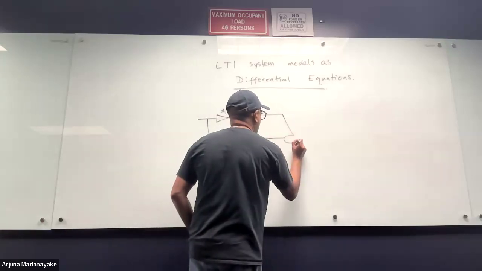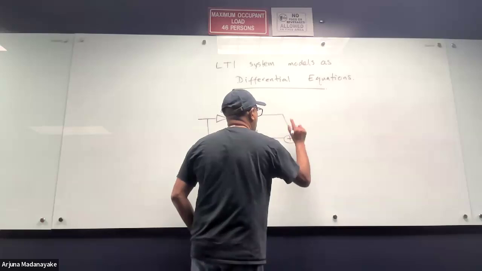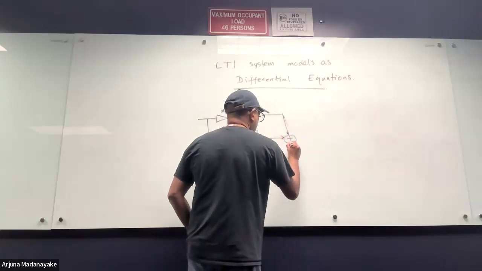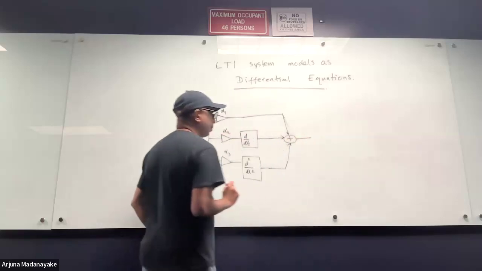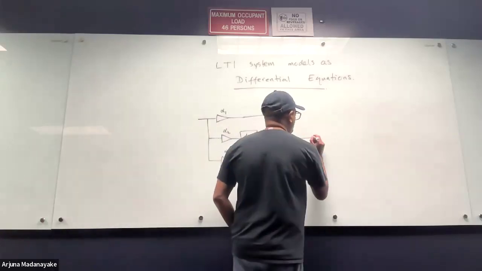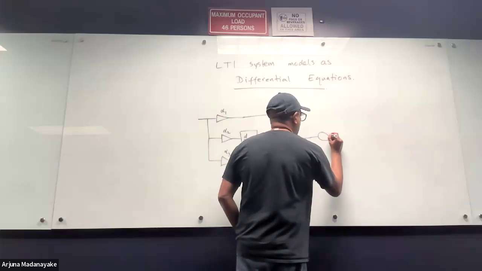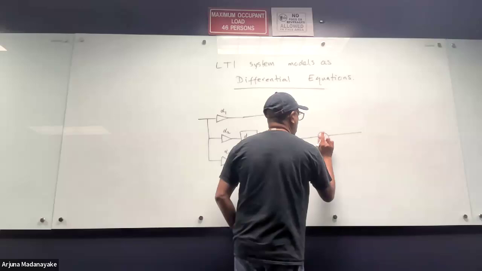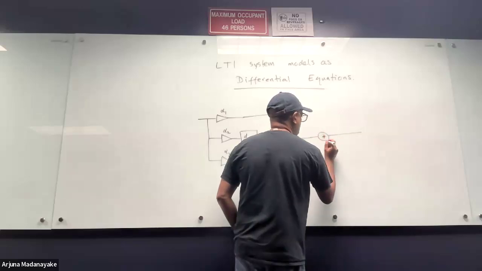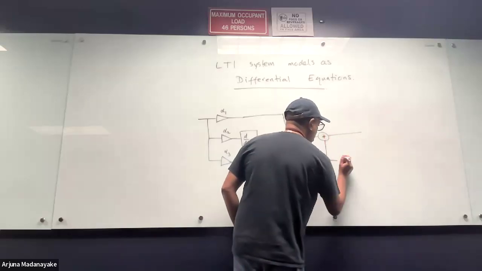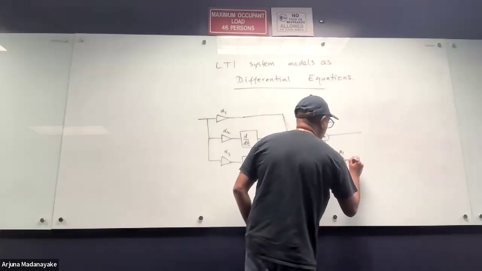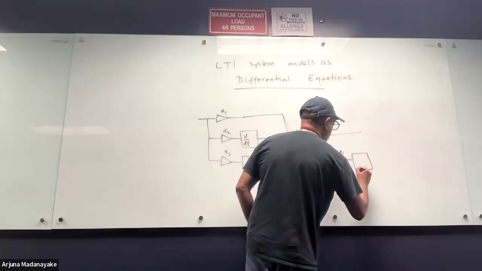Add them all up. Okay, and then I'm going to do a little trick. I'm going to take a copy of this. Let's say it is minus beta 1 d over dt.